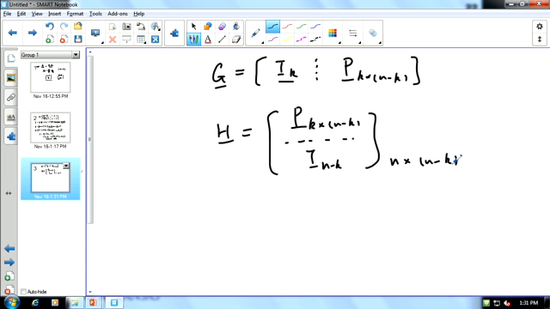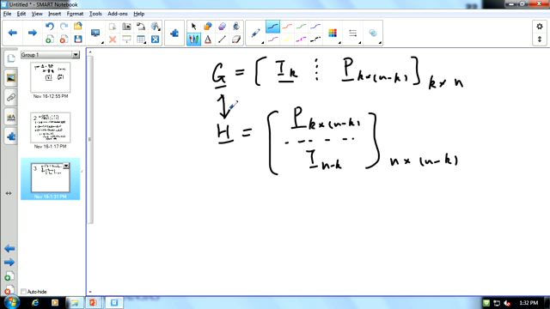So this is called the parity check matrix. So basically, given the generation matrix, we can always get the parity check matrix, and vice versa, right? Once we have the parity check matrix, we can always find the generation matrix. So which means there is a one-to-one mapping between these 2 matrices.